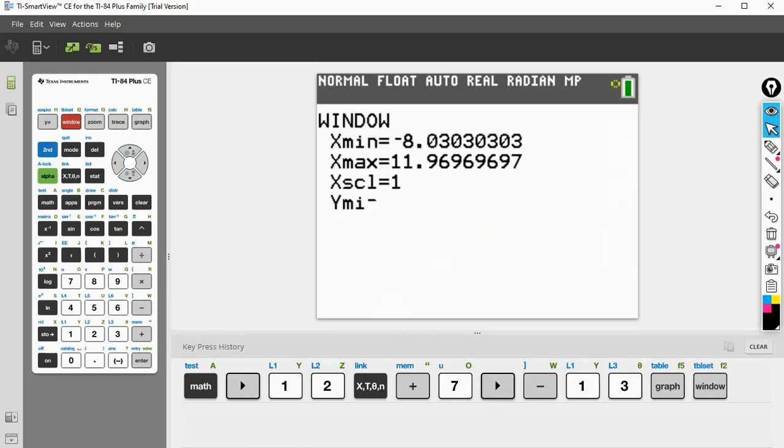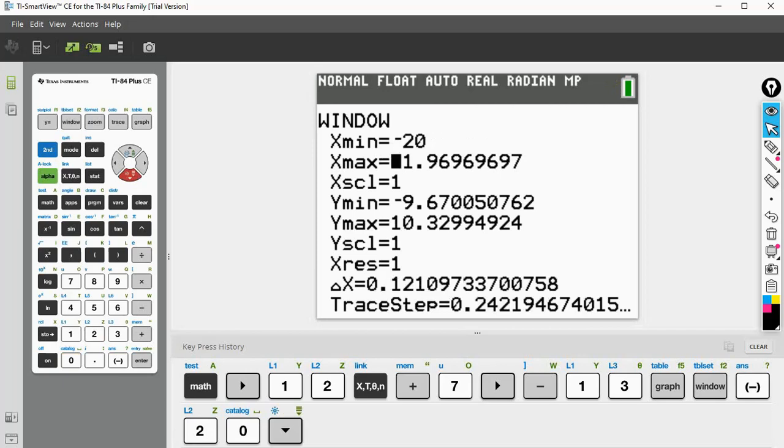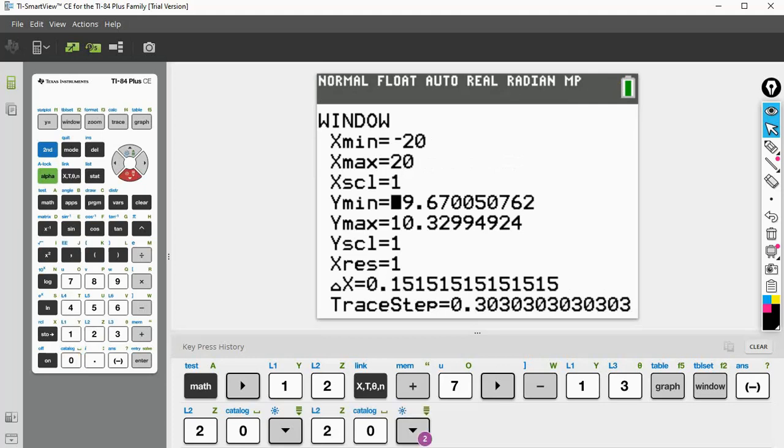So you can go to Window and notice that you have the x minimum at negative 8. So maybe you want to make this negative 20, and then let's say 20. And then for y, let's say the same, negative 20 and 20, just to be able to see the graph.